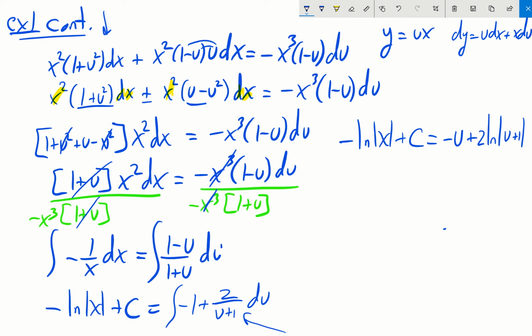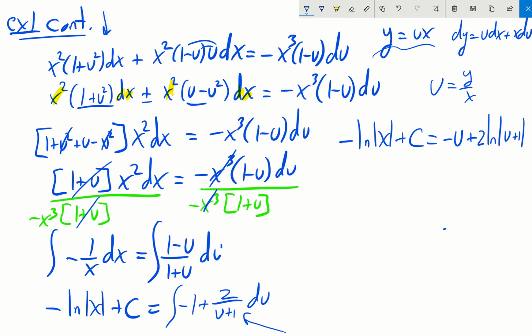Now remember, at the end of the day, what this gives us, and we could play around with it a little bit. But let's go ahead and wherever we see the u, remember what was u equal to? So u in the beginning, if y equals ux, then u is equal to y divided by x.